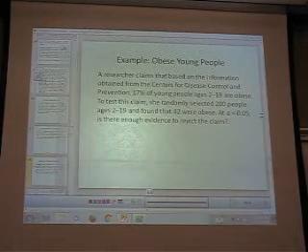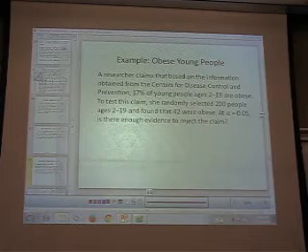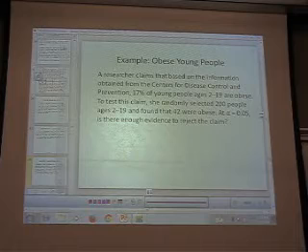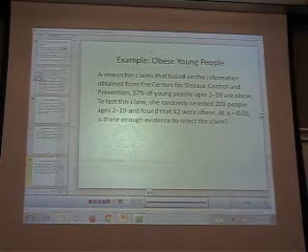Wait, it's just P hat minus P, or whatever. It's one sample.